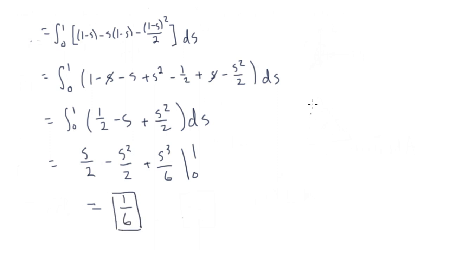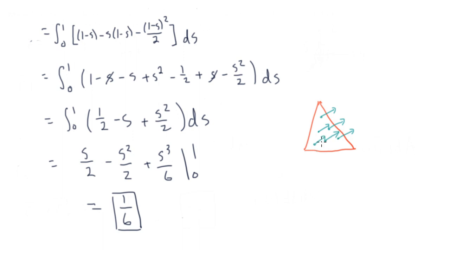And just a reminder that our region was a triangle, and we had our vector field. And what this 1/6 represents is the flux of the field across this surface here.